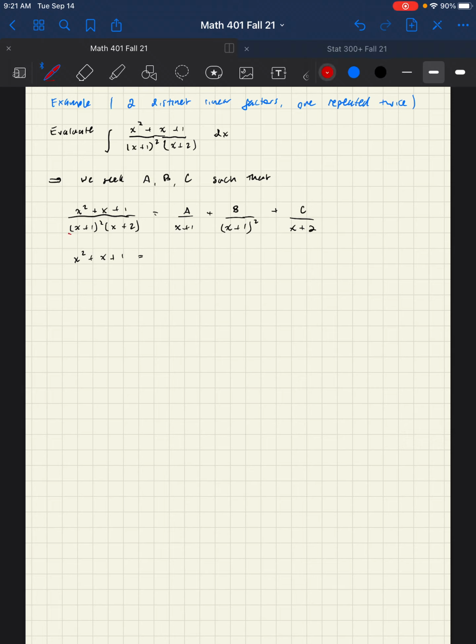Remember that the LCD is just going to be this thing right here. So that means when you multiply A by that, or the first term by that, there's going to be a cancellation of just one x plus 1. So you get A times (x plus 1) times (x plus 2) plus B. This one, both x plus 1s get canceled. You just get x plus 2. And this one, you get cancellation of an x plus 2, and that leaves the (x plus 1) squared.